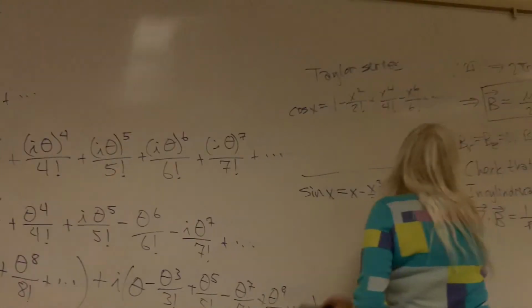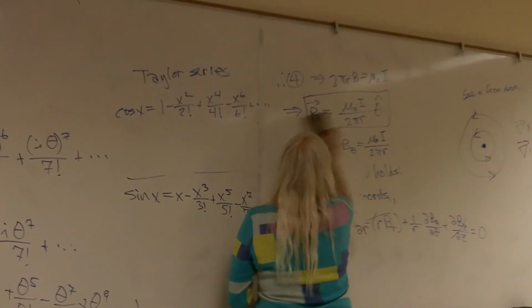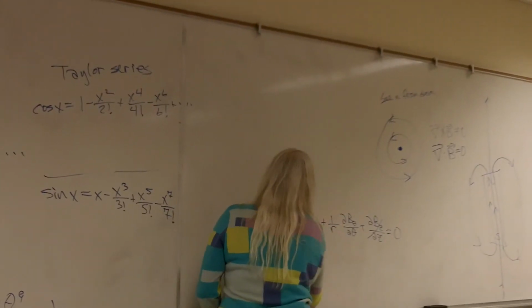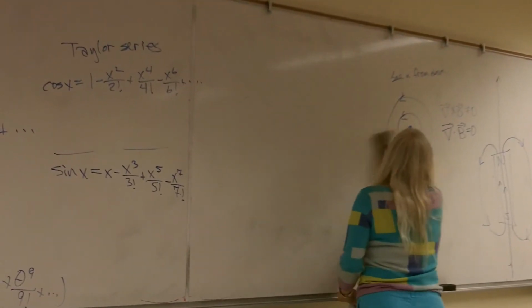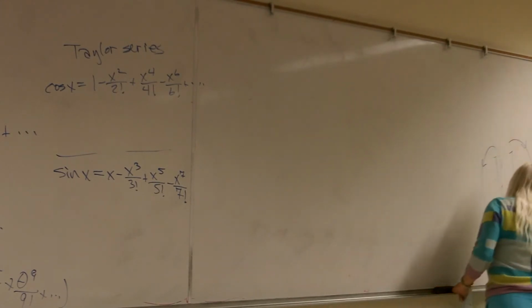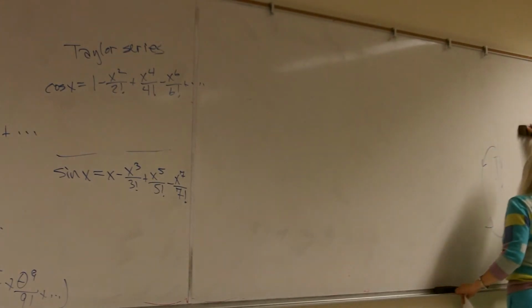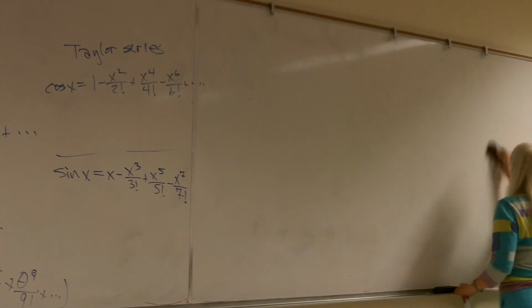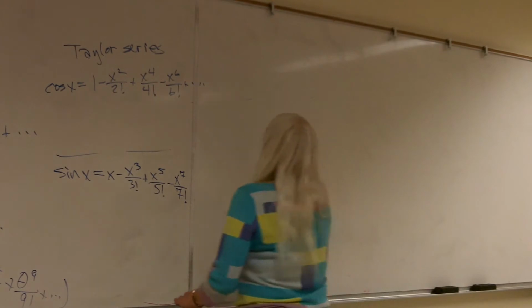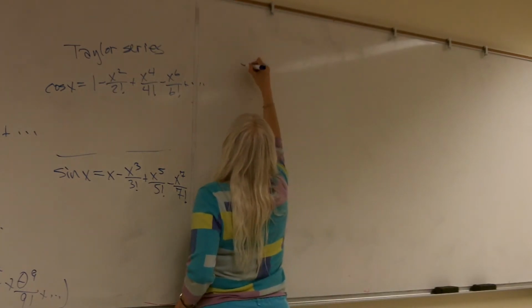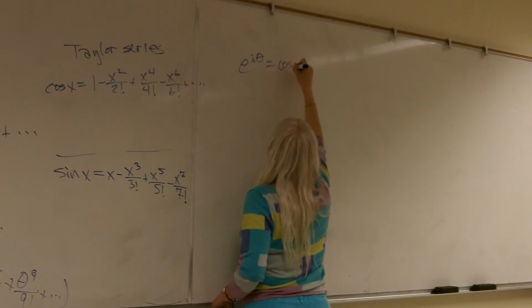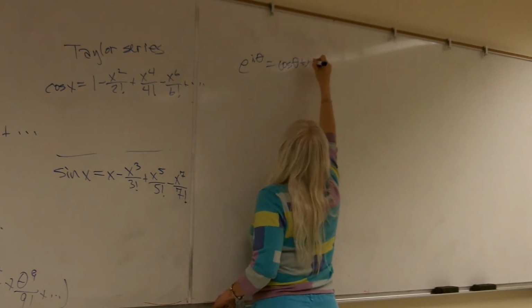Okay, so anyway, what we have proven is that e to the i theta is equal to cosine theta plus i sine theta.